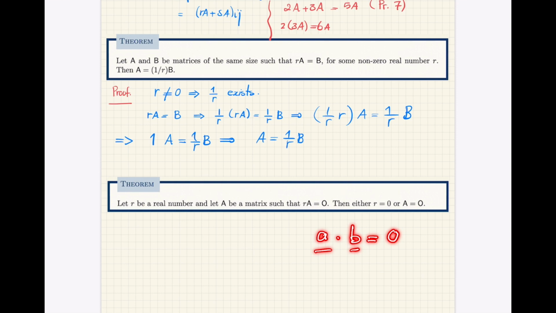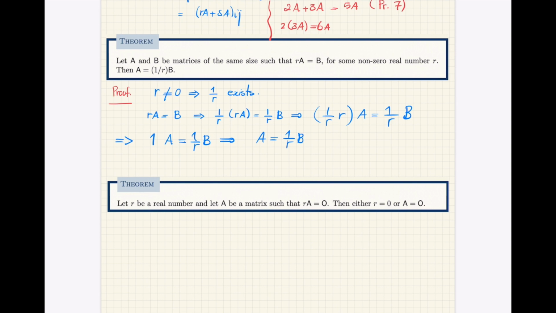Something similar to this for matrices is this. If the product of a number by a matrix turns out to be the zero matrix, it cannot turn out to be the zero number, because by definition multiplication of a number by a matrix is supposed to be a matrix. So if this is going to be the zero, it should be the zero matrix. So this tells you that either the number is the zero number or the matrix is the zero matrix. That is very similar to the zero product rule for the numbers.